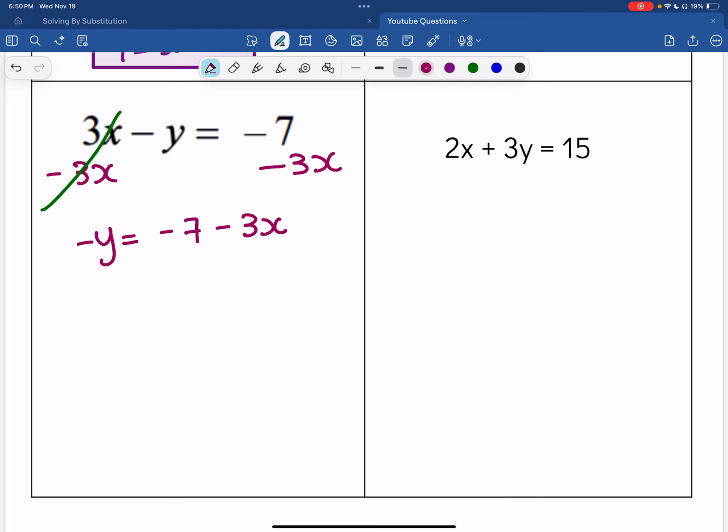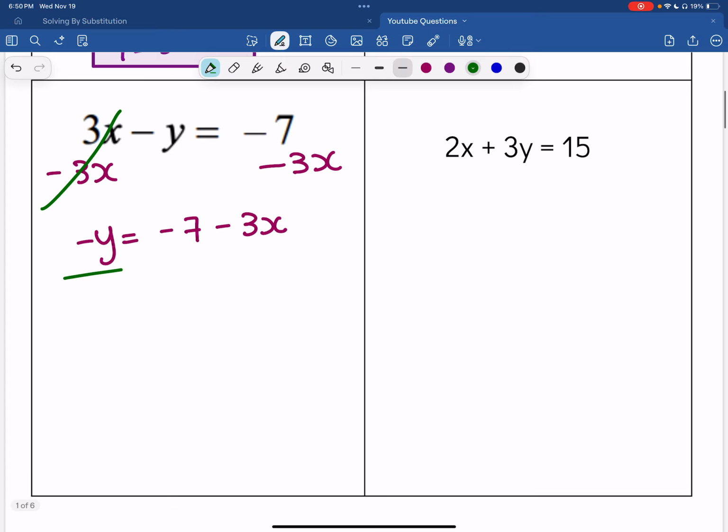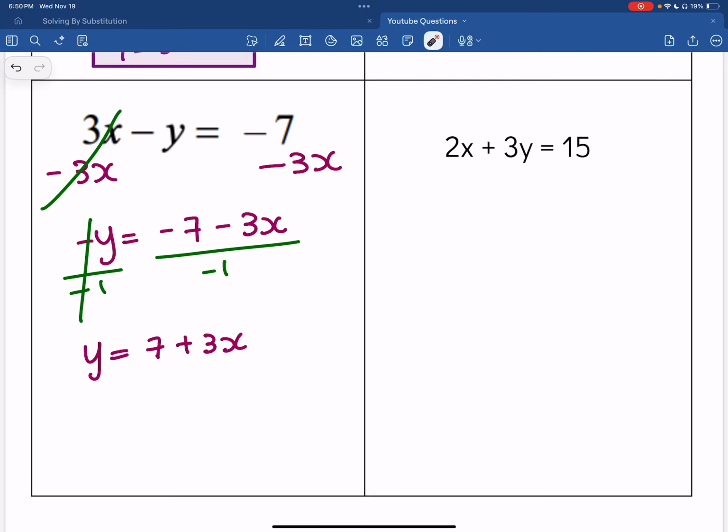Last step here to fully solve for y is to divide both sides by -1. My negatives will cancel, and we'll have y is equal to 7 plus 3x. -7 divided by -1 is +7.